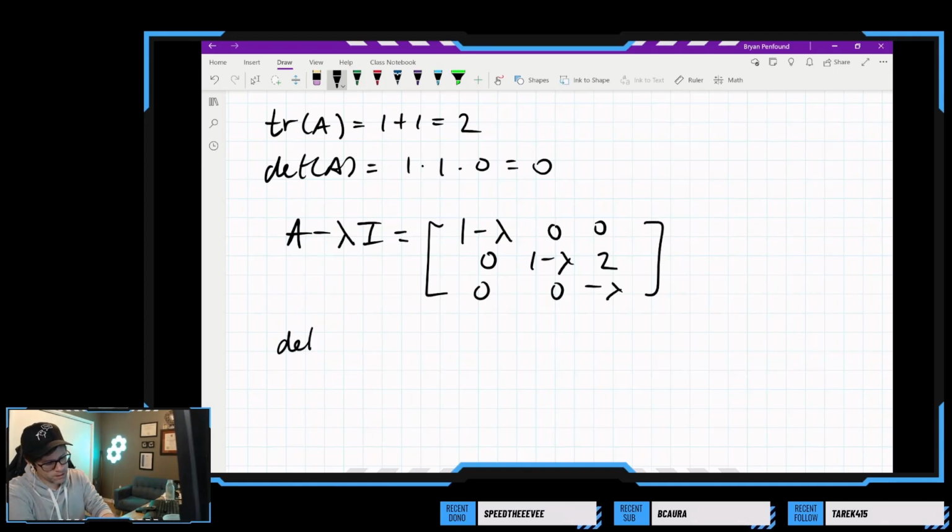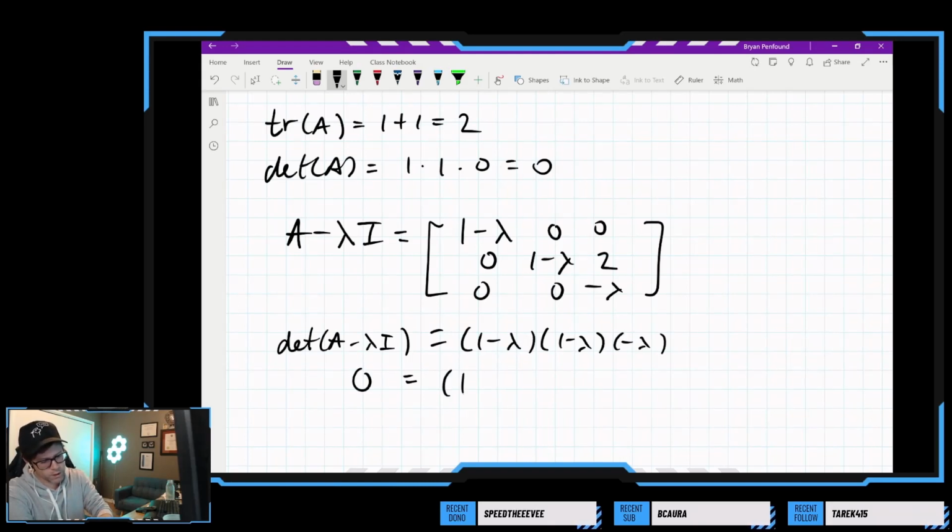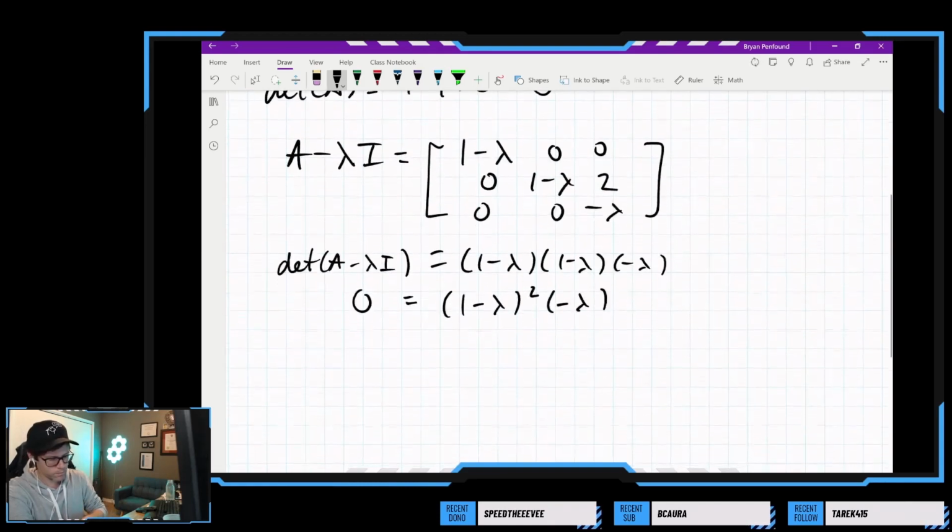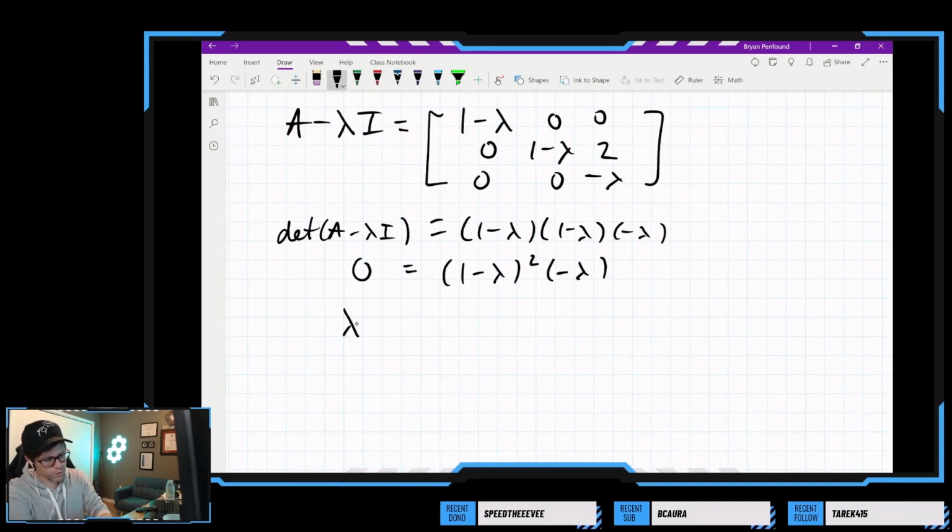The determinant of this particular matrix, since it is upper triangular, is going to be 1 minus lambda, 1 minus lambda, and negative lambda. And we only get non-trivial solutions when our determinant is equal to 0. So that is going to lead us to two distinct eigenvalues. We're going to have an eigenvalue of 0 and an eigenvalue of 1 that has multiplicity of 2.